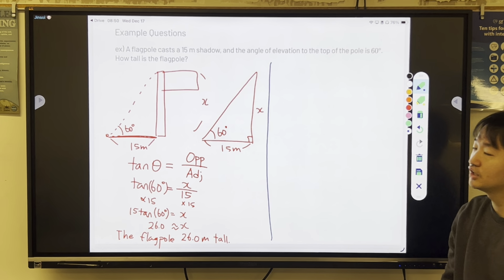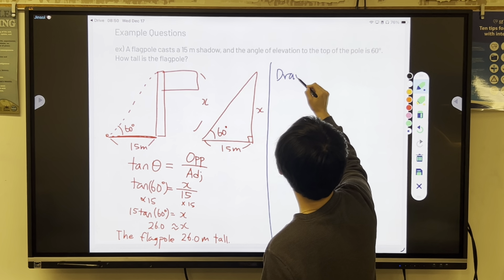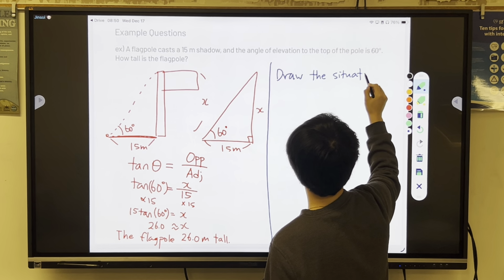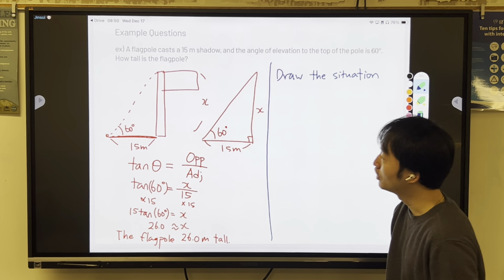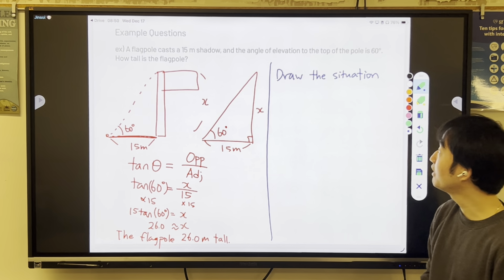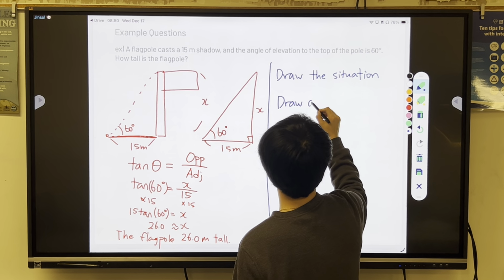Let's do the annotation here. The first thing we do is we draw the situation. We draw the situation based on the given context. And then after that, we draw a diagram.